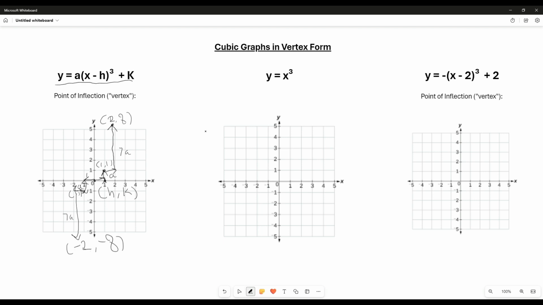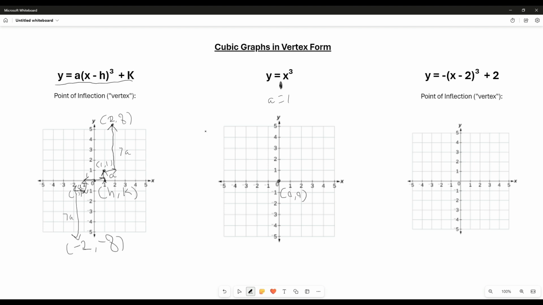So doing the same thing for y equals x squared. So a is equal to 0 in this case, or rather a is equal to 1 in this case, because it's technically right here, but you can't really see it. H is equal to 0 because there's nothing here, and so is k. So that means that the point of inflection, the vertex, if you will, is located at 0, 0, the origin.